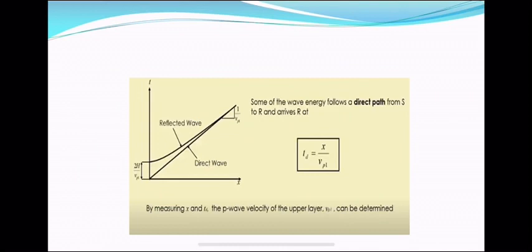Now, there are two curves that I have discussed, and instead of going for two curves, we can go for a single curve, plotting tr square against x square. With that curve we will get a straight line, and from the straight line we can get the Vp1 and the Z value.